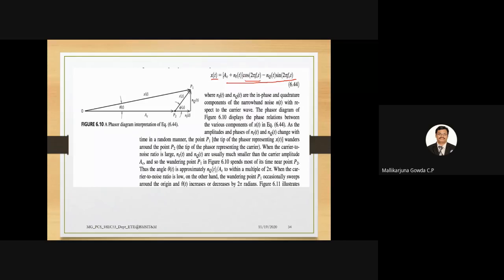Then plus n of t, which is N_I of t cosine of 2 pi f_c t minus N_Q of t sine of 2 pi f_c t. In the first two terms, I can take cos of 2 pi f_c t as common. So what is left is A_C plus N_I of t into cosine of 2 pi f_c t minus N_Q of t into sine of 2 pi f_c t, the expression I get.